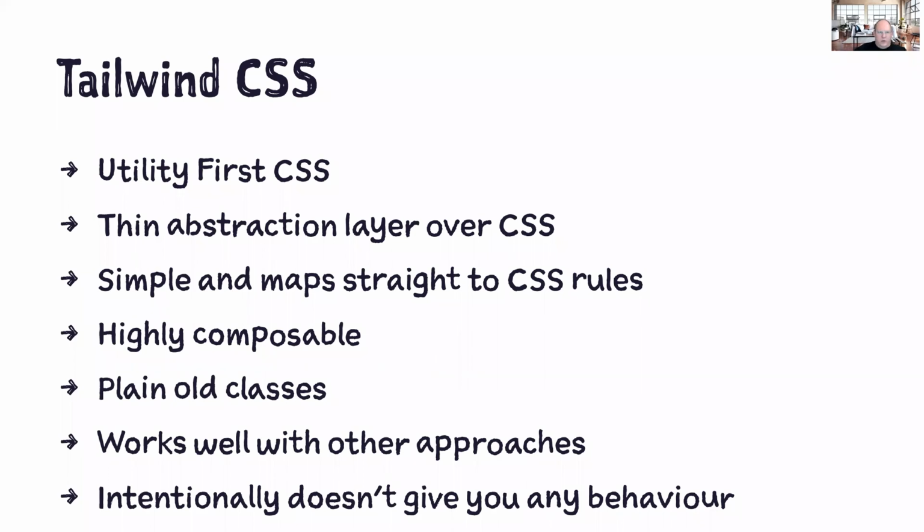So enter Tailwind. It's what's called a utility-first approach. Effectively, it's just a really thin abstraction layer over CSS rules. And there's a pretty clear and simple mapping directly from CSS rules that you know to class names.